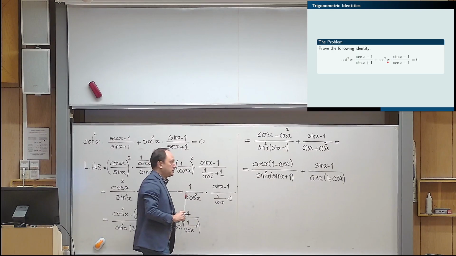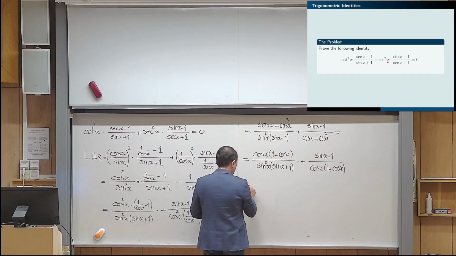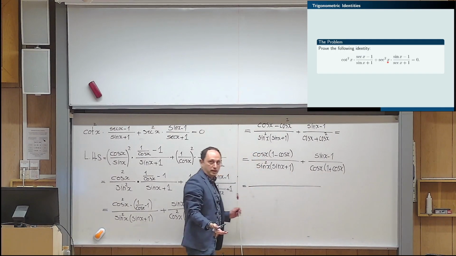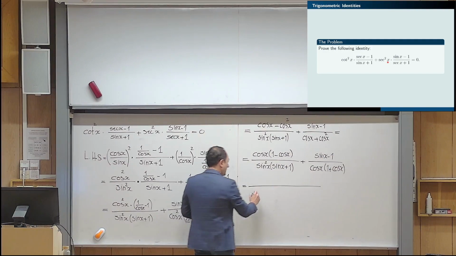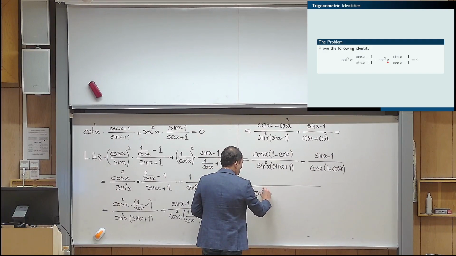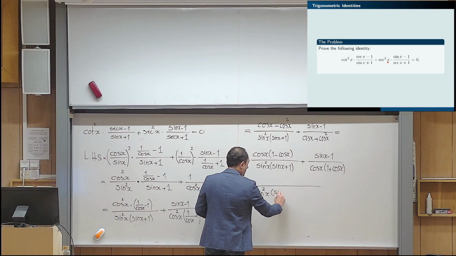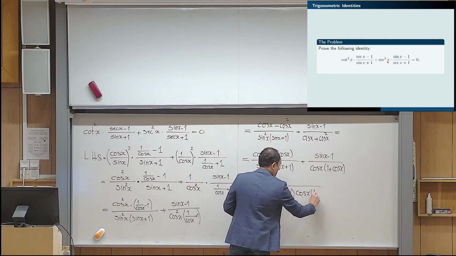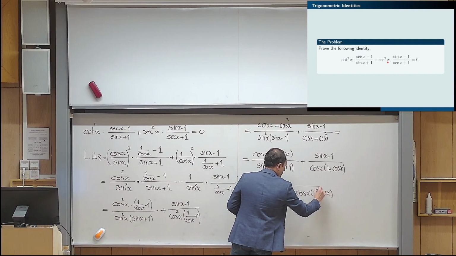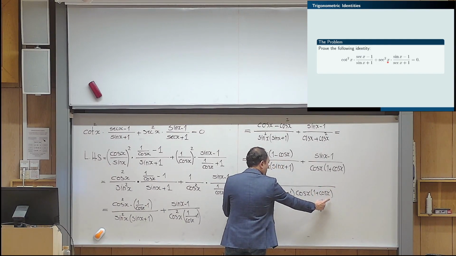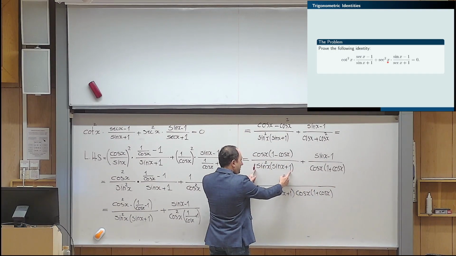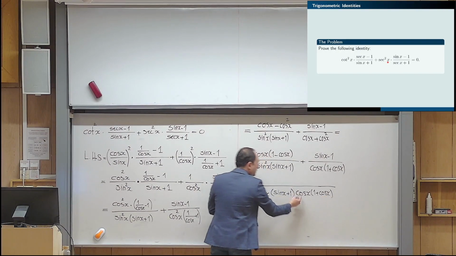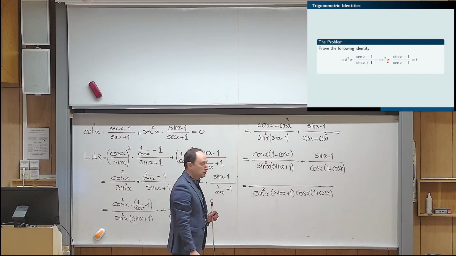And now I take the common denominator. So the common denominator is the product of these four factors. I cannot write it simpler than that because I have to have the least common multiple of both denominators. If you divide this common denominator by that, this is gone, this is left, so this should be multiplied into the corresponding numerator.